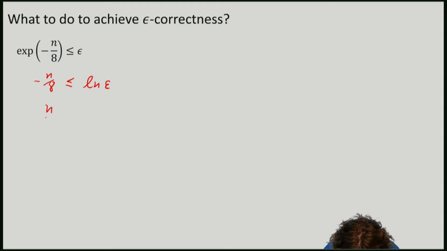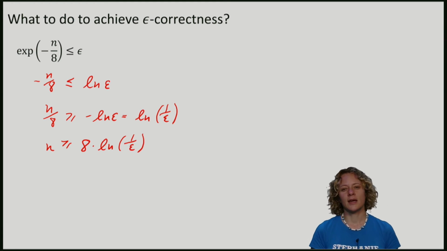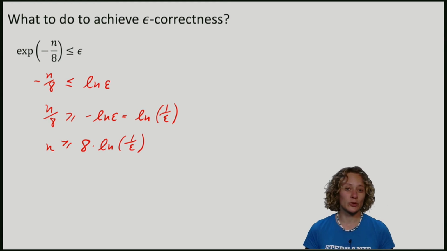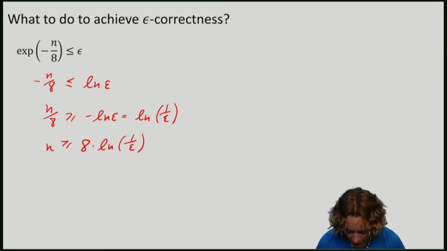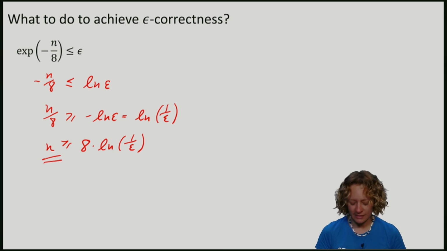Multiplying by minus 1 gives me n over 8 greater than minus ln epsilon, and it will be convenient to write this as ln 1 over epsilon. So note that what I can do now is I can bring 8 to the other side. So I have 8 times ln 1 over epsilon. So this means that if we want our protocol to be epsilon correct, then the number of qubits that we send needs to be at least this large.